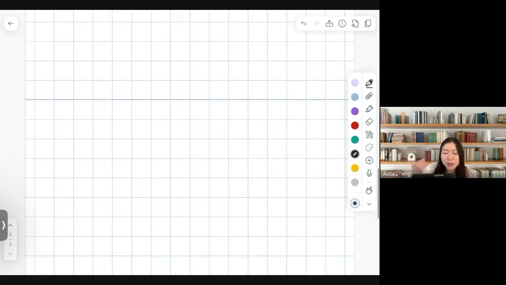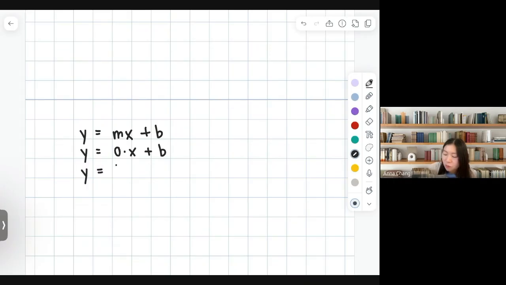Now, what happens if your slope is 0? Let's say I had y equals mx plus b, where m was 0. Well, 0 times anything is 0. So you would just end up with y equals b. And remember, b is simply a number. Let's say I had y equals 3.